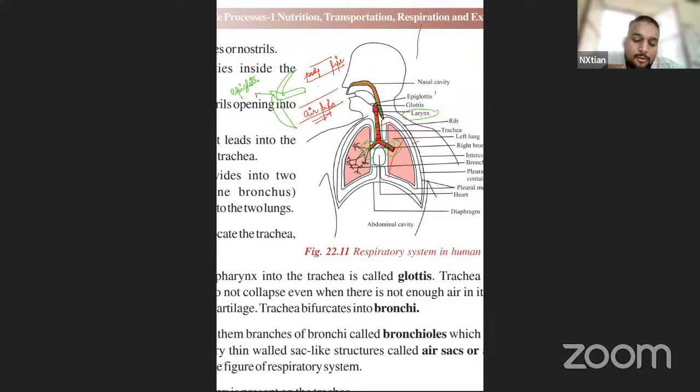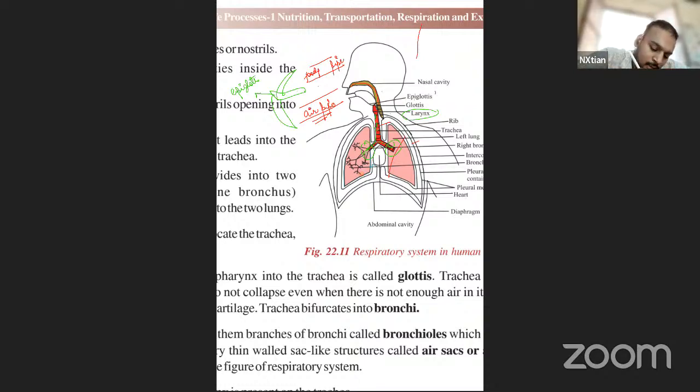Once the air goes through the nasal cavity, the epiglottis will send it into the windpipe, then the larynx, then it will go to the lungs, meaning the trachea. The trachea will divide into two parts, the right bronchiole and left bronchiole. And then this is divided into small root-like structures called alveoli.